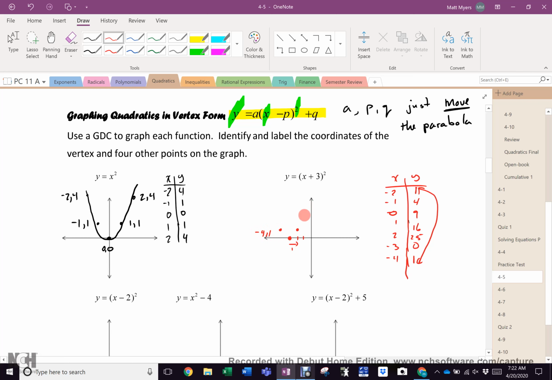Over 2, up 4. So negative 1, 4. Oh, and I had that right here. And that automatically means over here I've got negative 5, 4. Because I've gone 2 away from negative 3 and up. There's my parabola. Now that, you can see right there, that's P, isn't it?